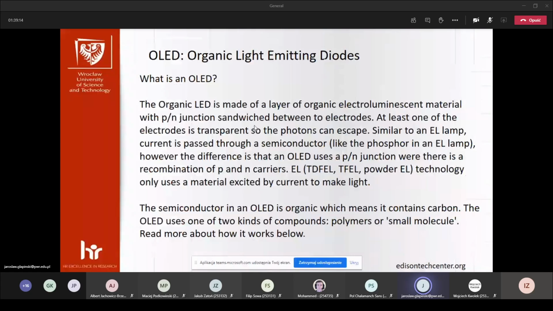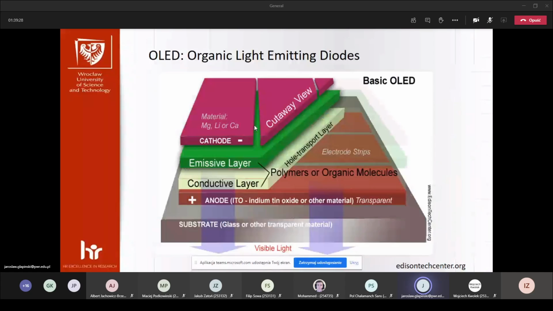Another part of the light emitting elements is organic light emitting diodes. It's a different way of light emission, with a more complicated structure.